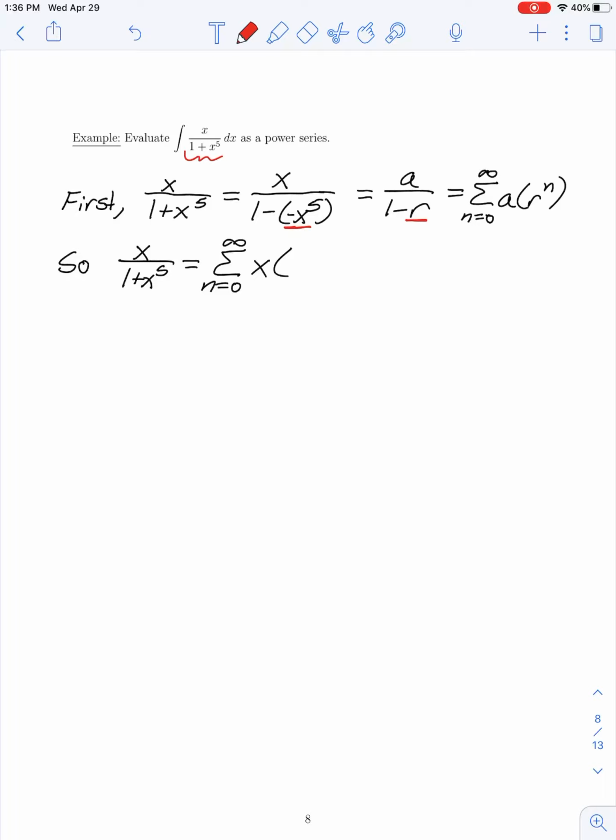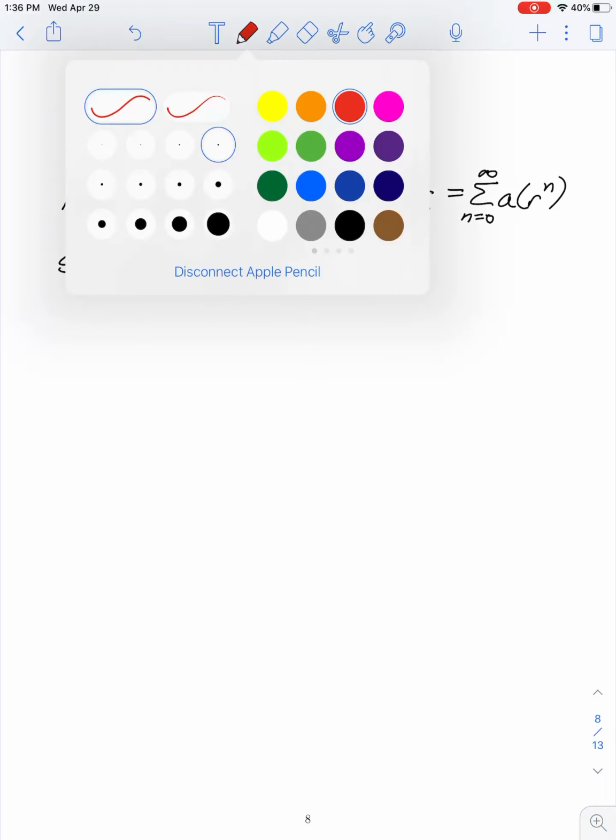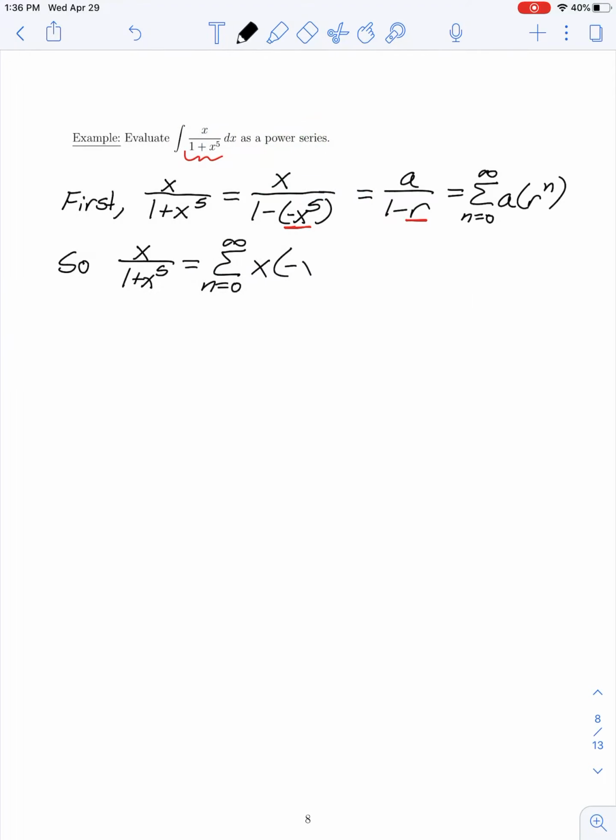We were subtracting a negative x to the fifth. So I'll have negative x to the fifth, quantity raised to the nth power. And recall that I can do this provided that the absolute value of my ratio r, in this case negative x to the fifth, is less than 1.